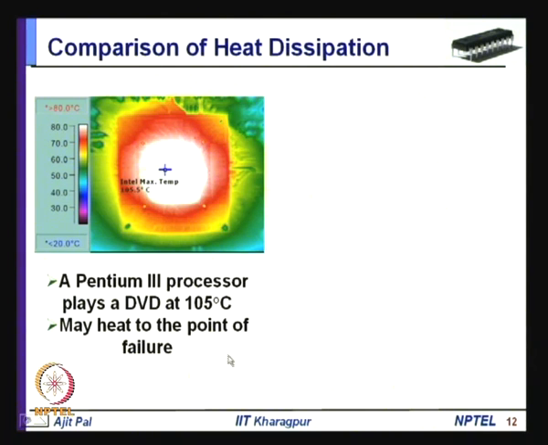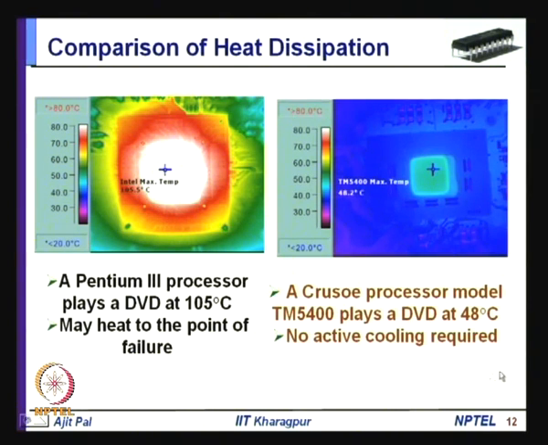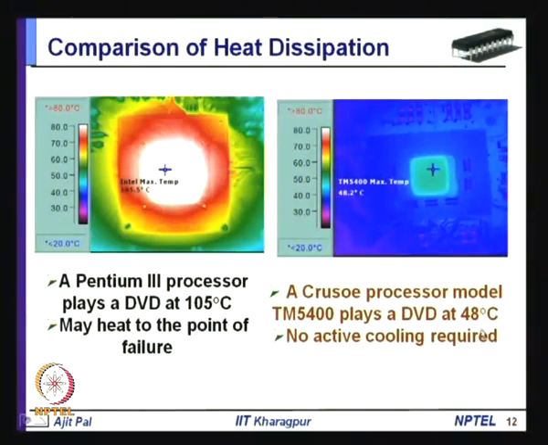Now, when the same application is run on the Crusoe processor, it is very cool. You can see the Transmeta processor temperature is rising only to 48 degree centigrade. So, you do not really require any active cooling. In the Pentium processors you require active cooling, you require a very big heat sink, a fan on top of the heat sink, and like that. On the other hand, in case of the Transmeta processor, no active cooling is required. So, normal ambient temperature is sufficient to cool it down, because the temperature is not much.